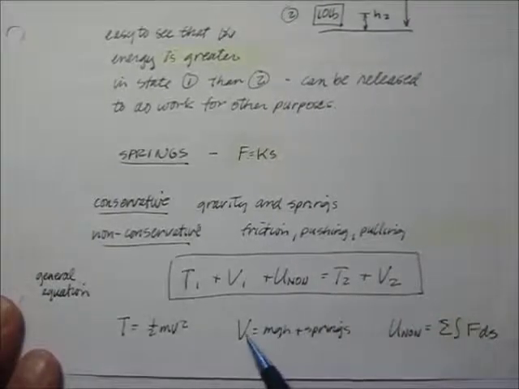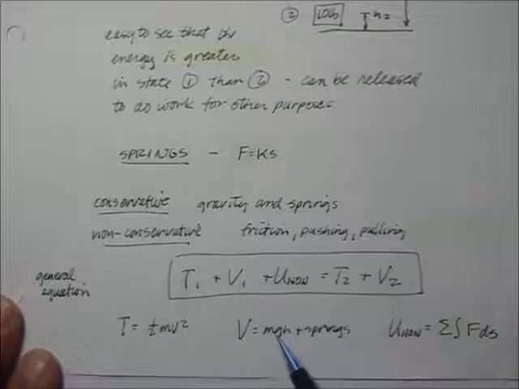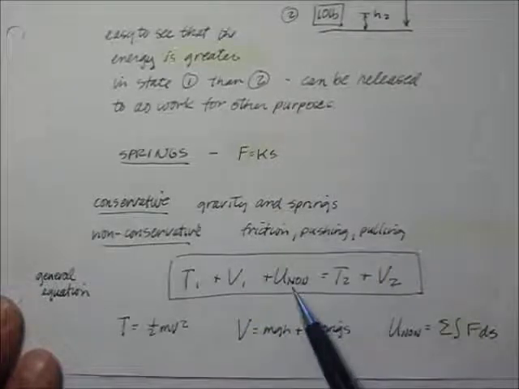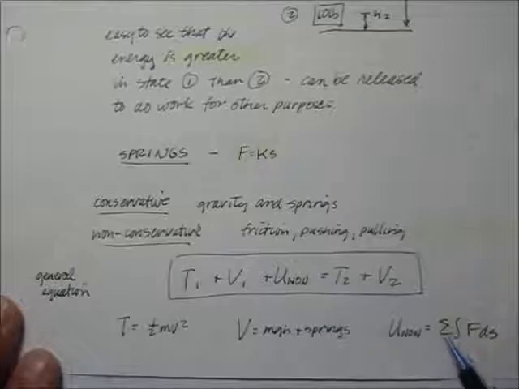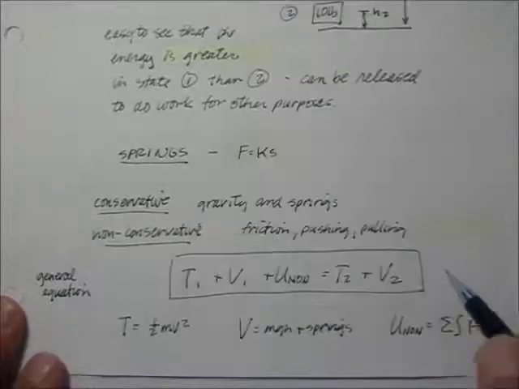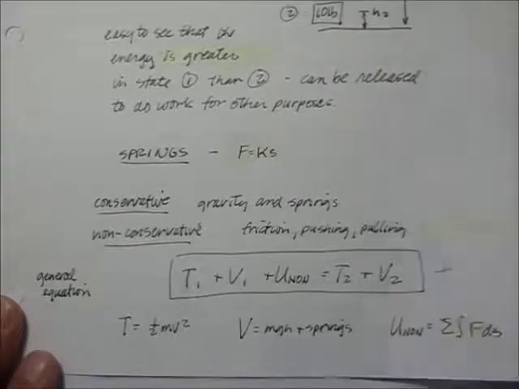V is going to be equal to gravity, which we'll call mgh, and springs, which we'll talk about next time. And non-conservative forces are going to be the sum of the integral of F ds. If we have to integrate, we'll have to do that, but there may be lots of different forces that we'll have to add together, some of them positive, some of them negative, to come up with the work that we will be doing. Okay, so this is the takeaway equation. That's the equation we'll use every time.